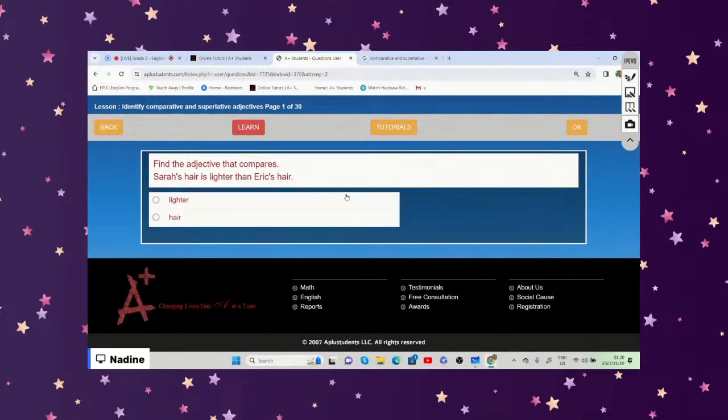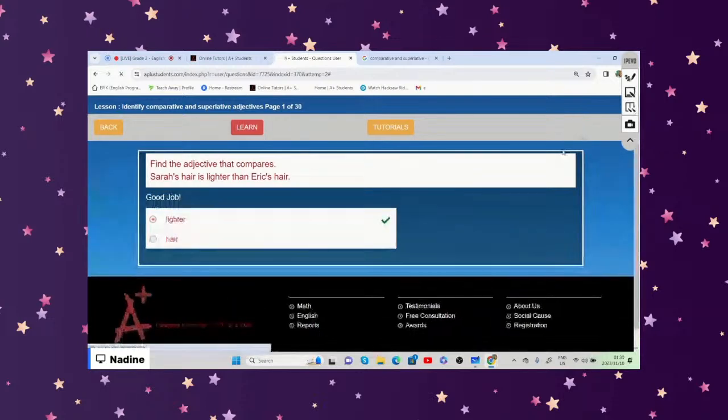So which means that if we find the adjective that compares, then it is lighter. So lighter is the adjective that compares.